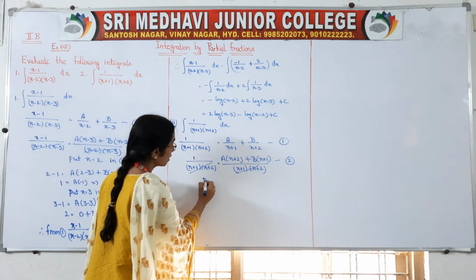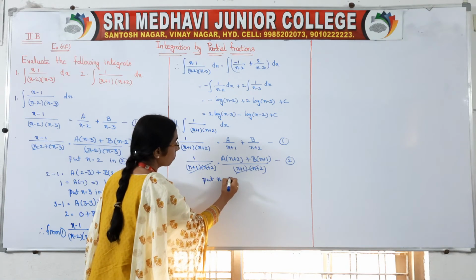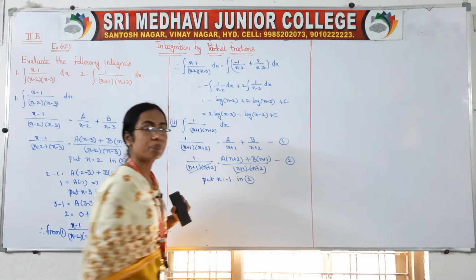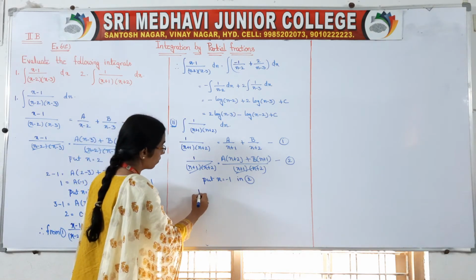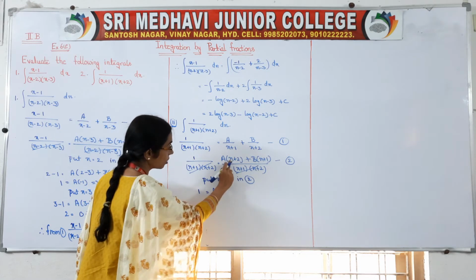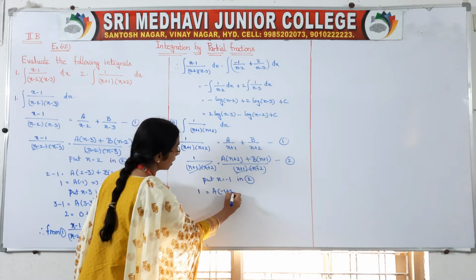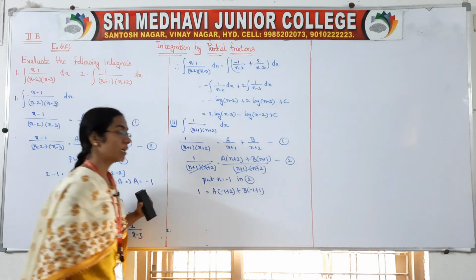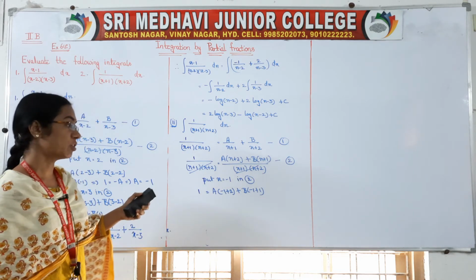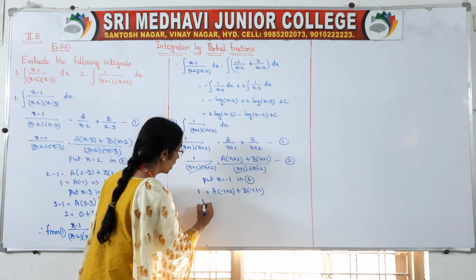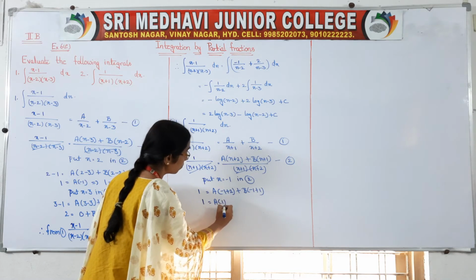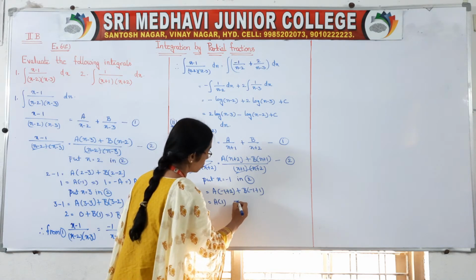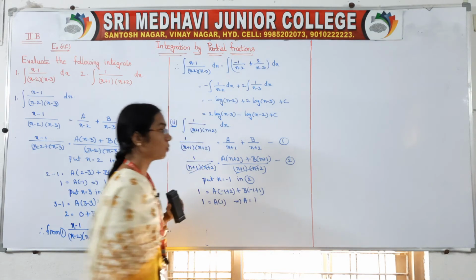So put x is equal to minus 1 in the second equation. Then 1 is equal to a into, in x place, minus 1 plus 2, plus b into minus 1 plus 1. Minus 1 plus 1 is 0, 0 into b is 0. So 1 is equal to a into 2 minus 1, which is 1. So a into 1 is a. So the a value is equal to 1.